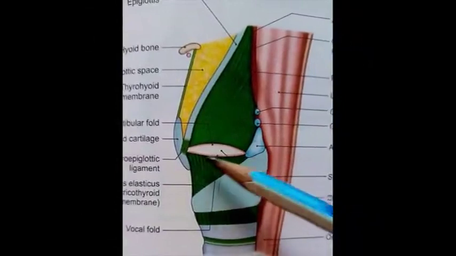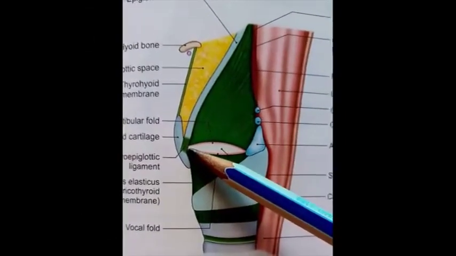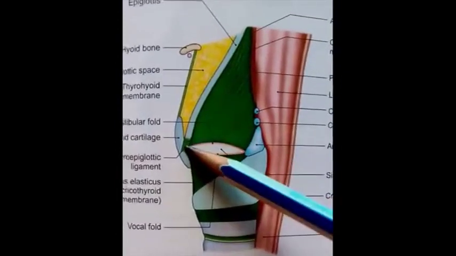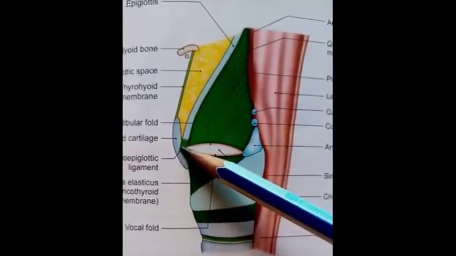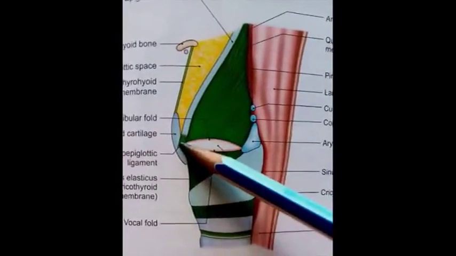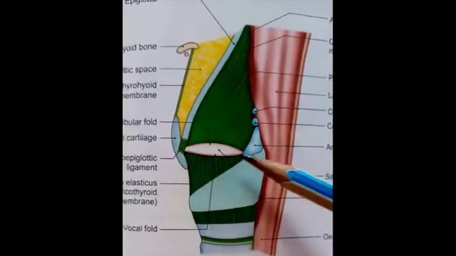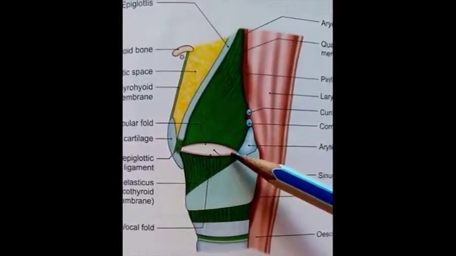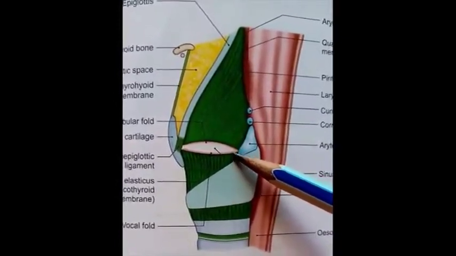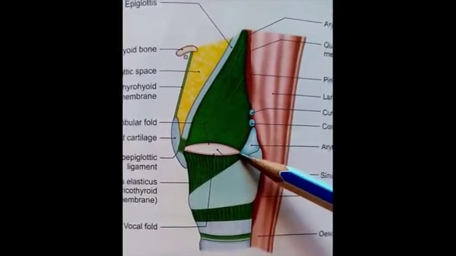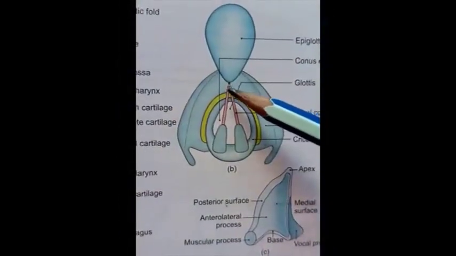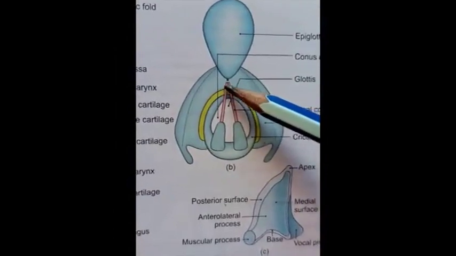The vocal fold is attached anteriorly to the posterior aspect of the thyroid cartilage, in the area that is the meeting point of the two laminae. Posteriorly, the attachment of the vocal fold is on the anterior process, or vocal process, of the arytenoid cartilage. Here in this diagram also we can see the attachment of the vocal cords.